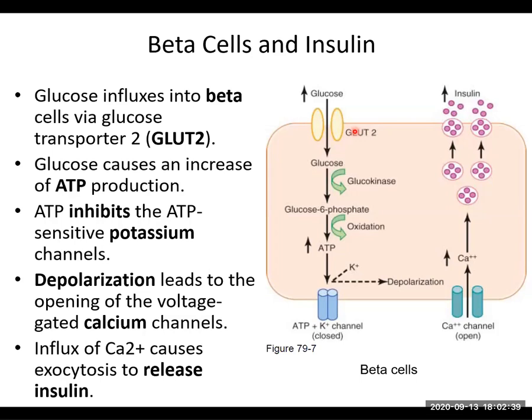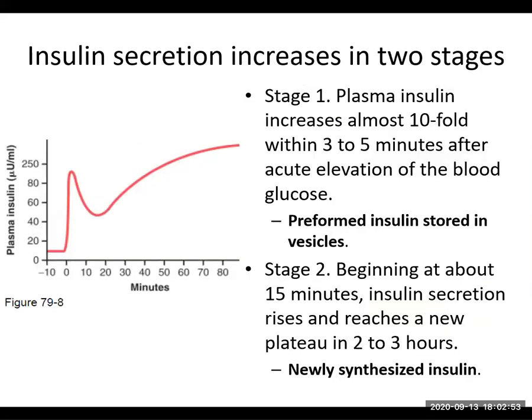GLUT4 is regulated by insulin. We will learn that later, but GLUT2 is something that you may see in a quiz. So that's how our beta cell releases insulin when the blood glucose level is high.